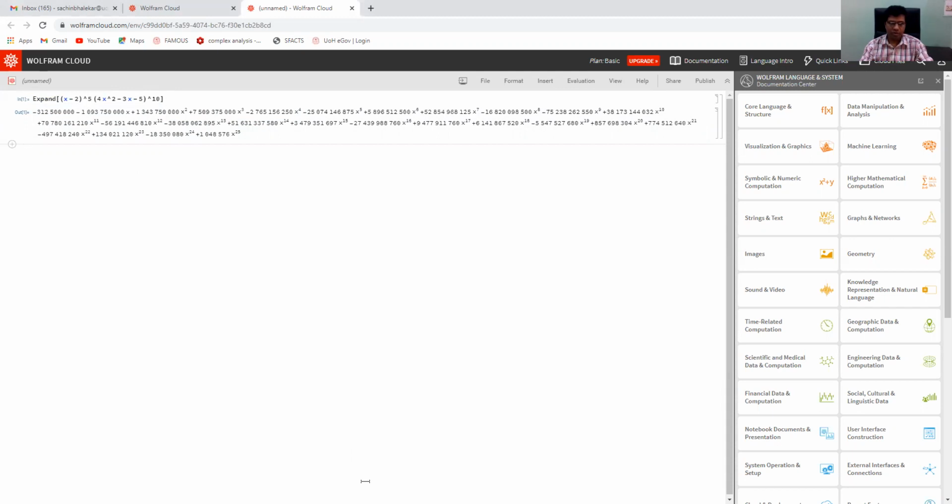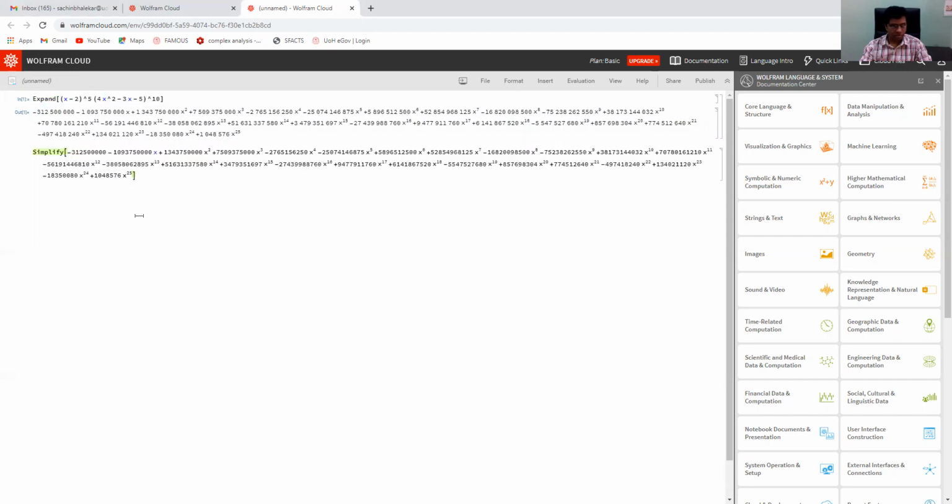So Mathematica is very useful in expanding such complicated expressions. We can simplify the expressions also. If we use Simplify and just put this expression, then we get the actual expression back.